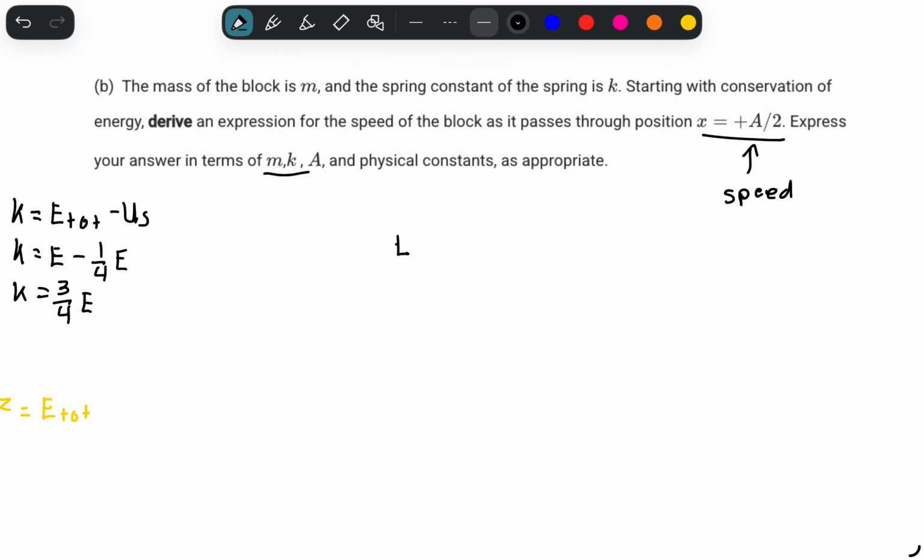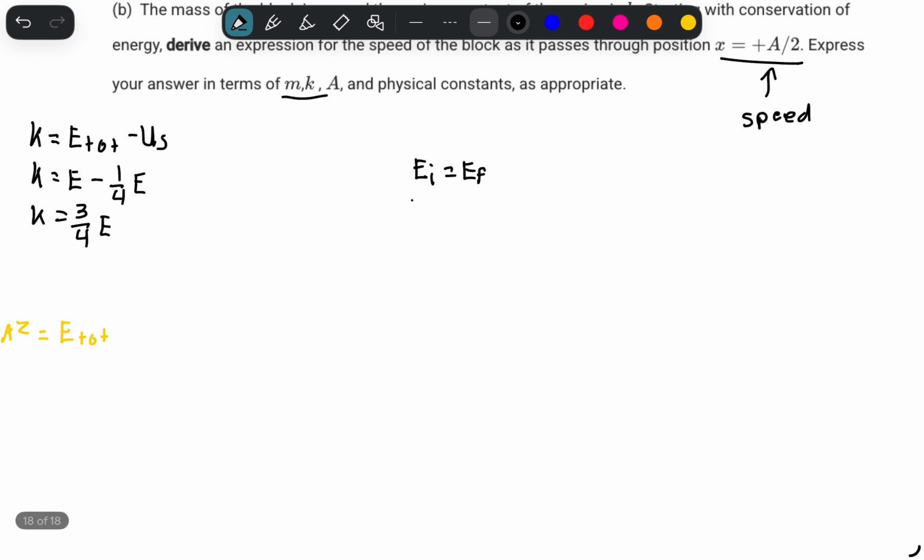We can start with E initial is equal to E final, right? We know our initial position was -a. That's when it was released from rest. And we know initially we had v1 equal to 0. So kinetic energy initial is 1/2 m v1 squared, and v1 squared is equal to 0.